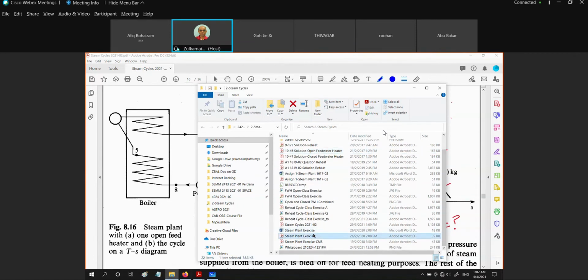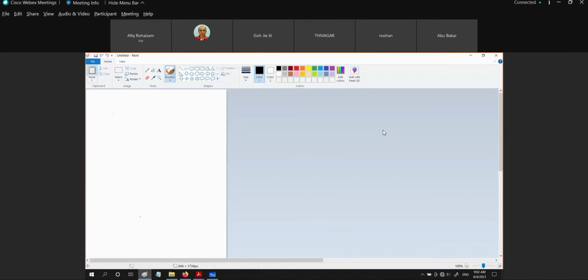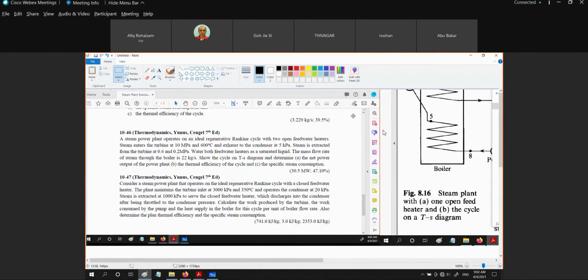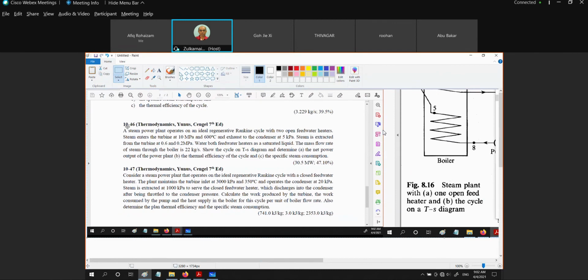Let us look at the second question. We are going to look at problem 10-46 taken from the university textbook, 7th edition.